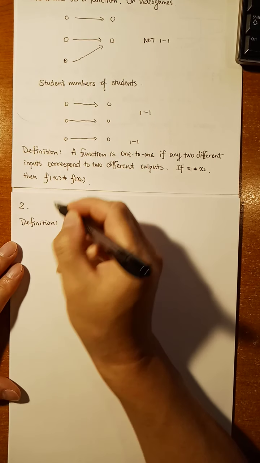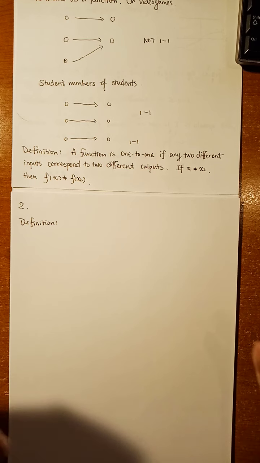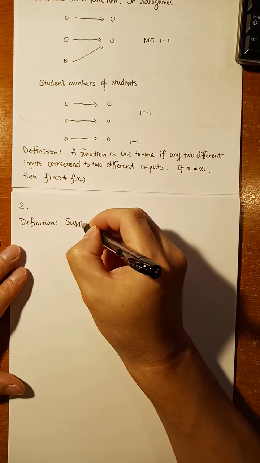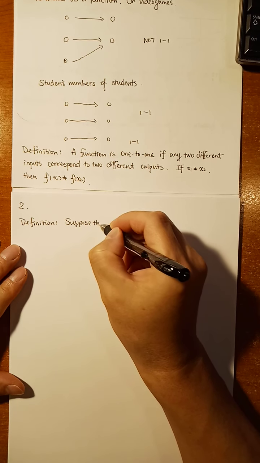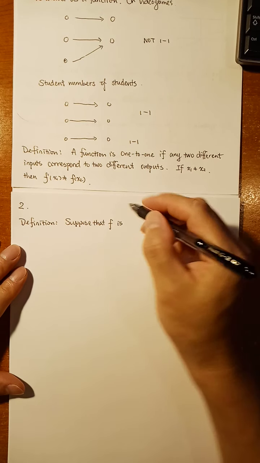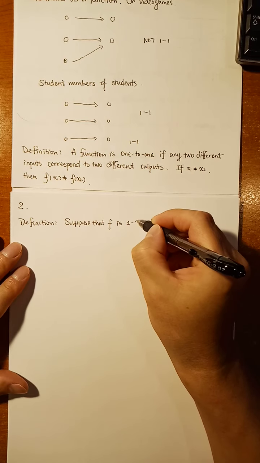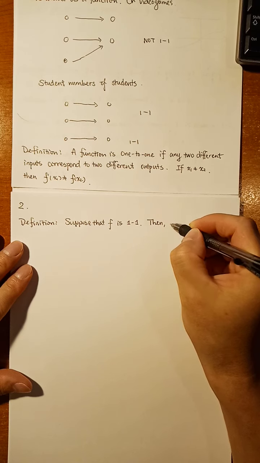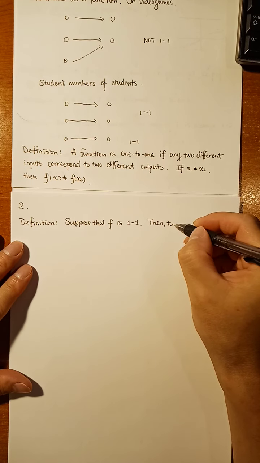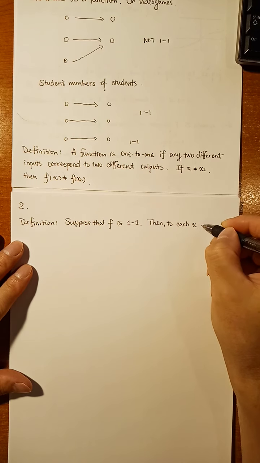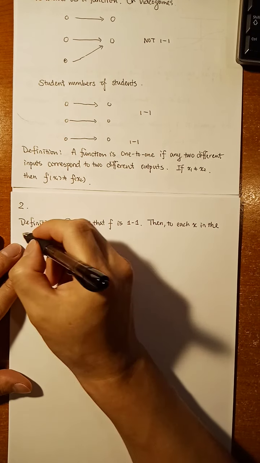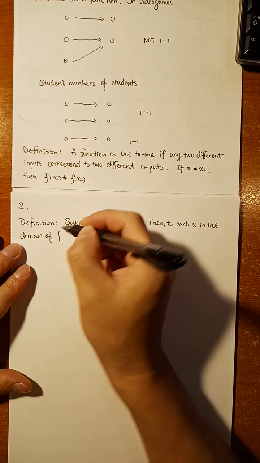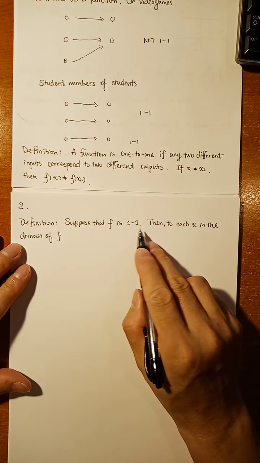The inverse function is like identifying a student based on the student number. So suppose that f is one-to-one. This is a hypothesis. Then to each x in the domain of f, first of all, it is a function.